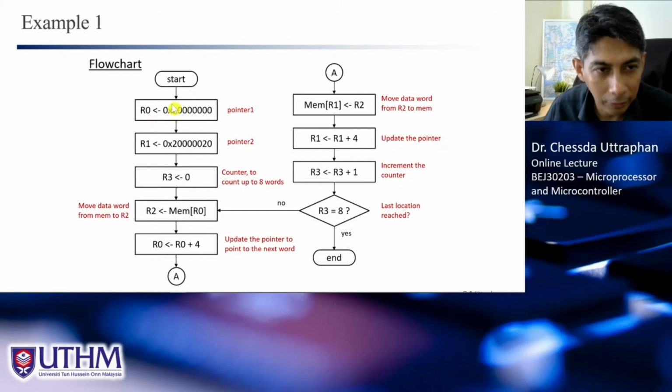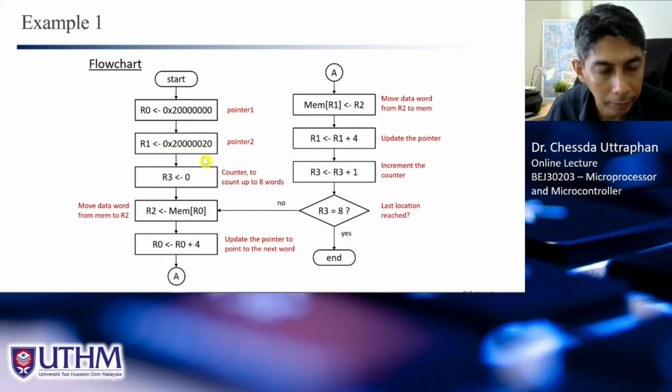So first thing we need to do is to have the address for the data. In this case, we use R0 to store the address of the data, starting from this address 20000000. And the destination address, the location that we want to move our data into, is in R1, right?